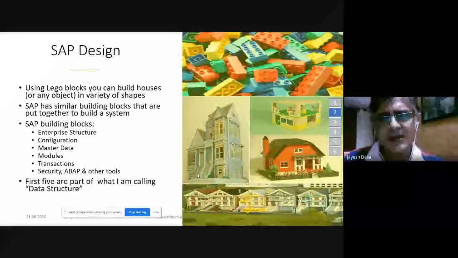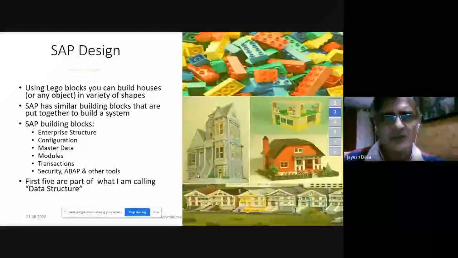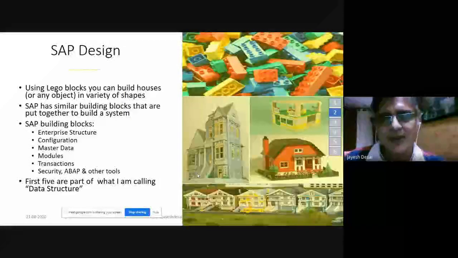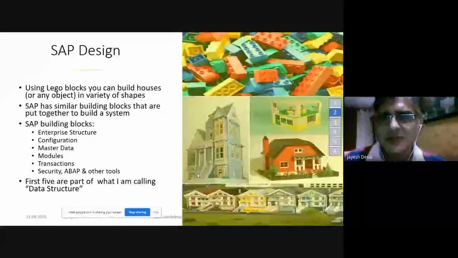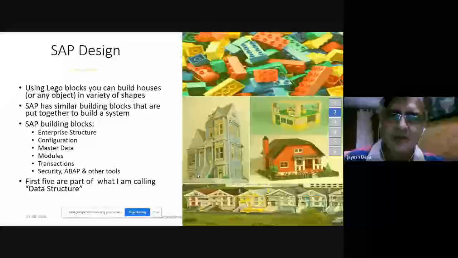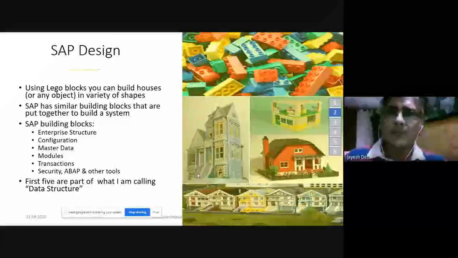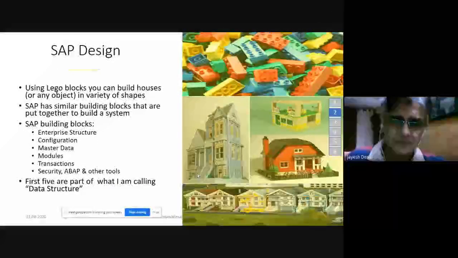If you have to understand that, then keep in mind the Lego toys, right? So Lego building blocks, which we have played with in our childhood days, and we could build different kinds of houses or any other object, but you can build a variety of it using the same set of blocks.